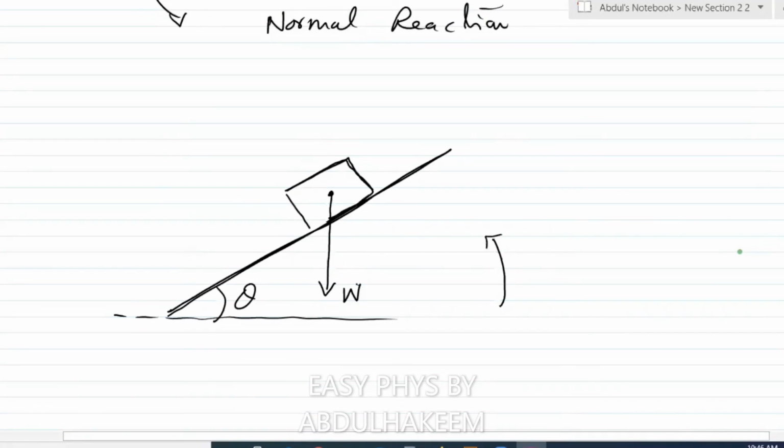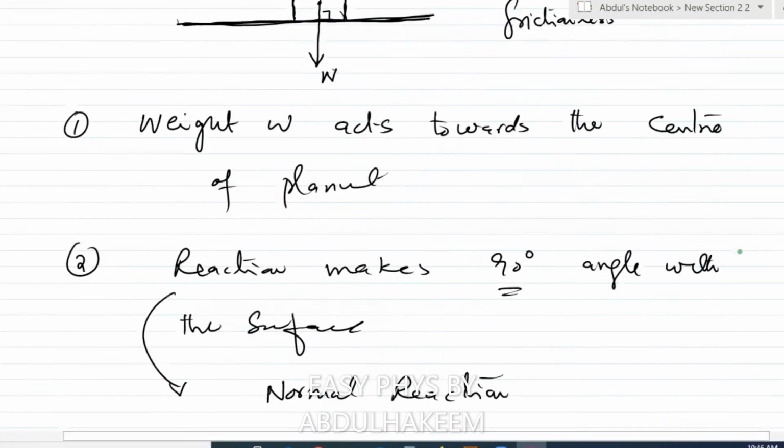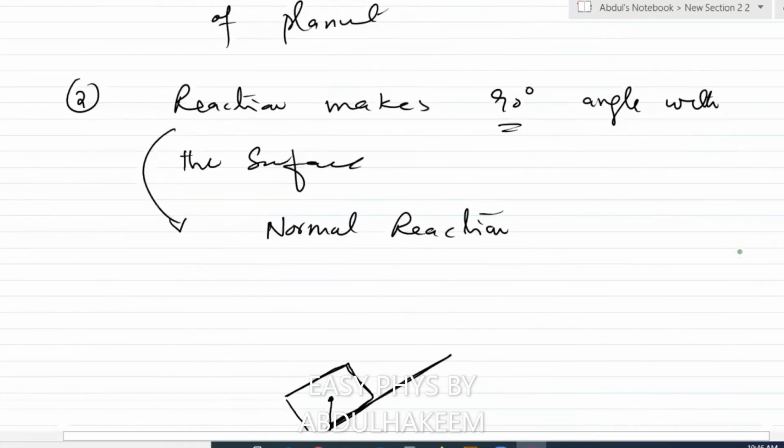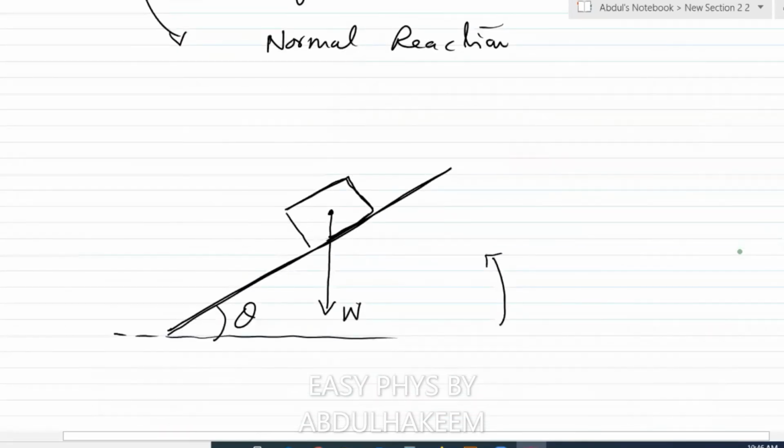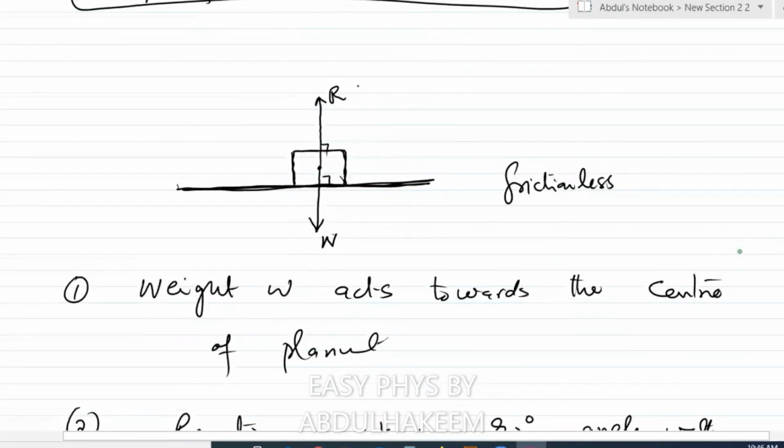But now the reaction is not vertically upward, because its rule is that it has to make a 90-degree angle with the surface. So this is the line of action of the reaction.